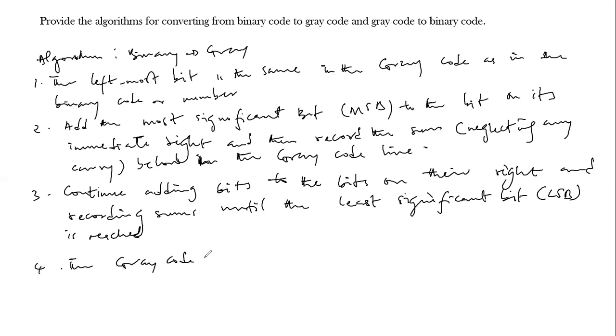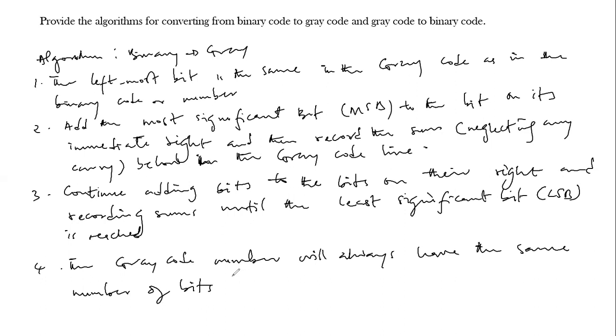Then afterwards, the gray code number will always have the same number of bits as the binary number.